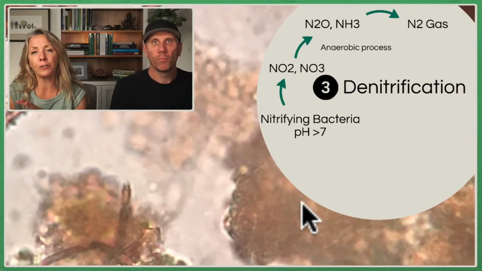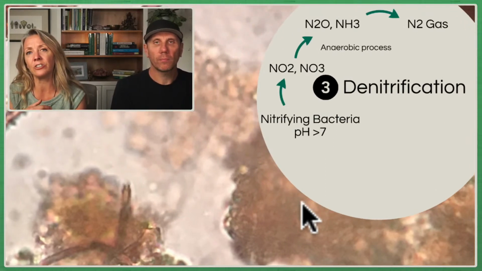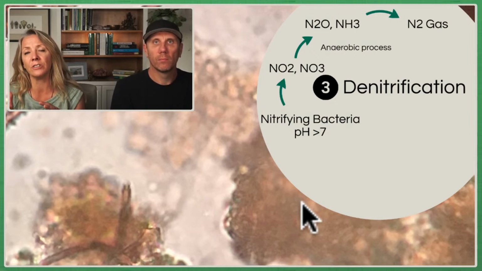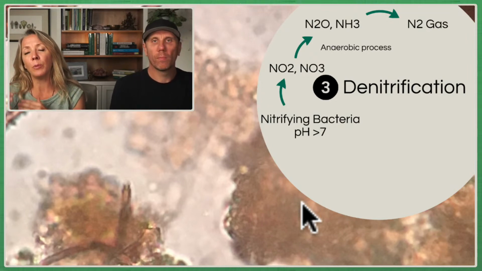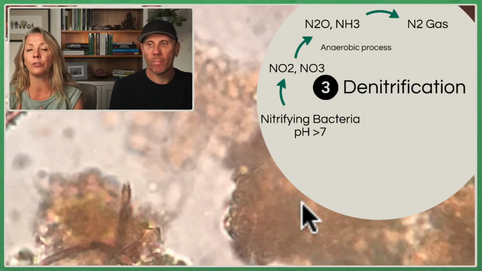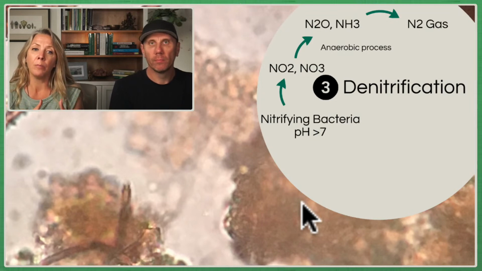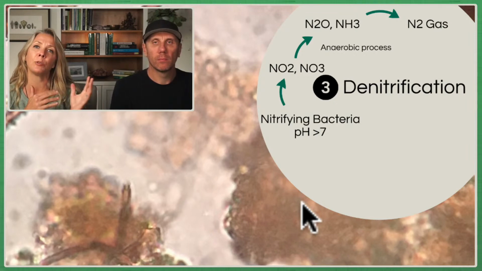Those first two phases of mineralization and nitrification all happened in aerobic conditions. It was just changing the form of nitrogen from ammonium, NH4, to nitrate. And whether there's enough fungi or enough bacteria in the system, that will select for those.